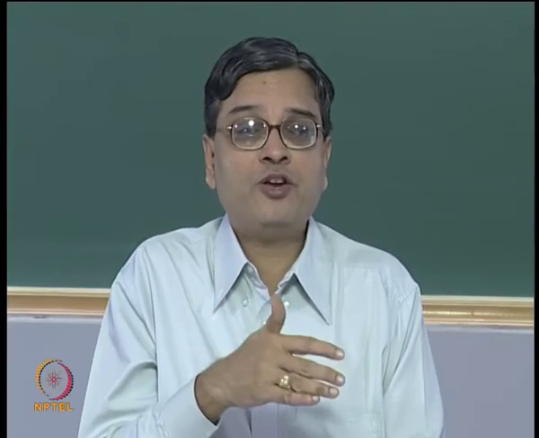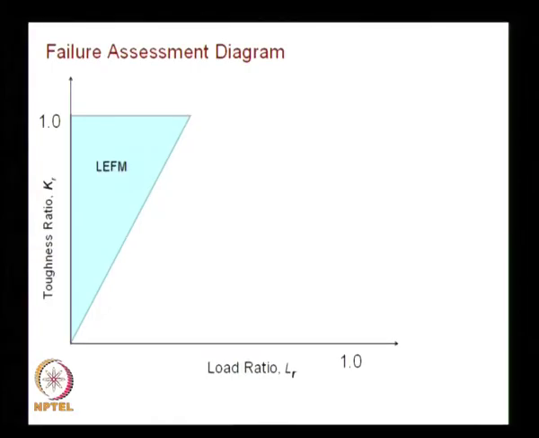Only when people went into empirical relations, they also brought in K1C as well as K2C or K3C, as the case may be. So, what people initially looked at was, when the loading on the specimen is about 30%, it is essentially dominated by LEFM. You will have a brittle fracture.